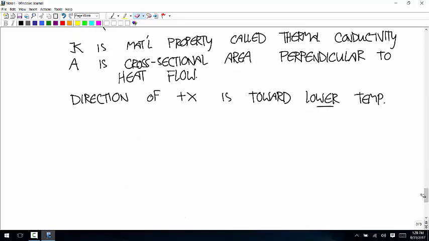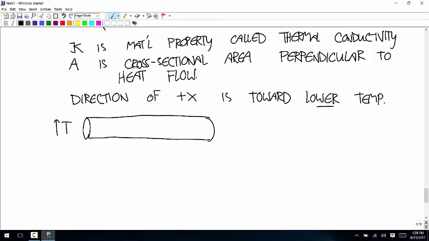If you have heat conduction going along this pipe, and this is the high temperature and this is the low temperature side, then the direction of positive x is this way, and that's also the direction of heat transfer. And this area is A.